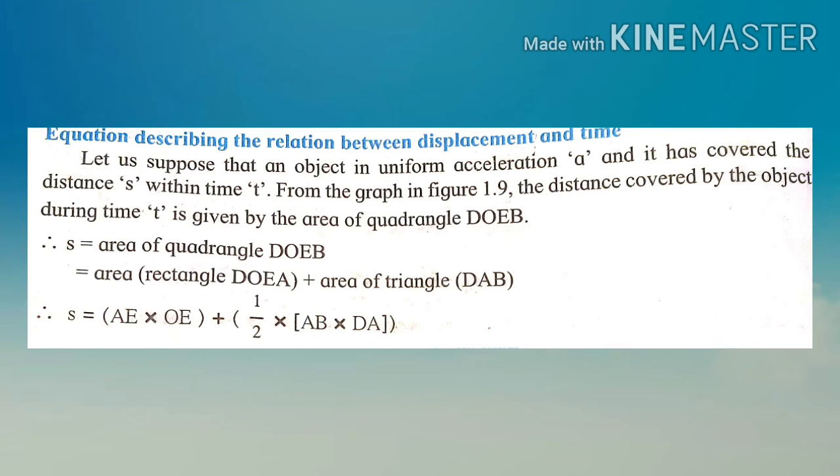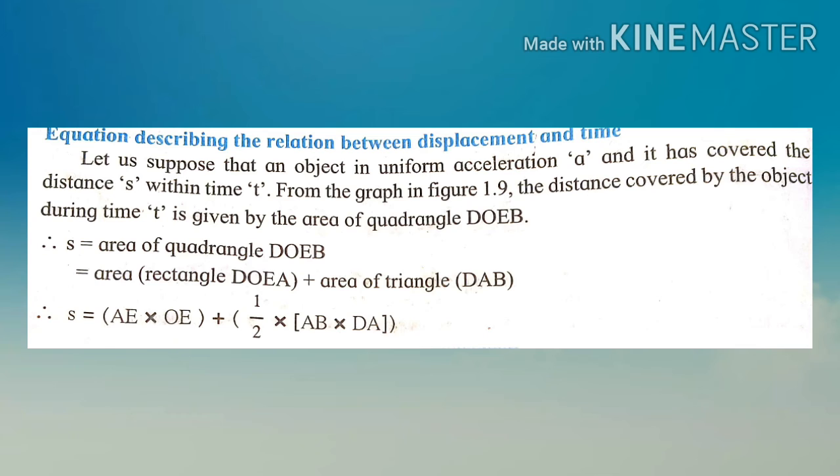Then, the second equation is proved with the help of the graph. For this purpose, we draw a perpendicular line on OE from point B, and draw a perpendicular line on segment BE from D, and draw a perpendicular line OC from point B. To prove the second equation, we only find the area of quadrilateral DOEB, but the area of quadrilateral DOEB is equal to the area of quadrilateral DOEA plus the area of triangle DAB, that is s is equal to AE into OE plus half into AB into DA.